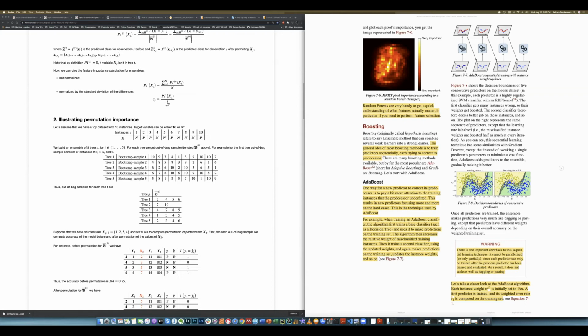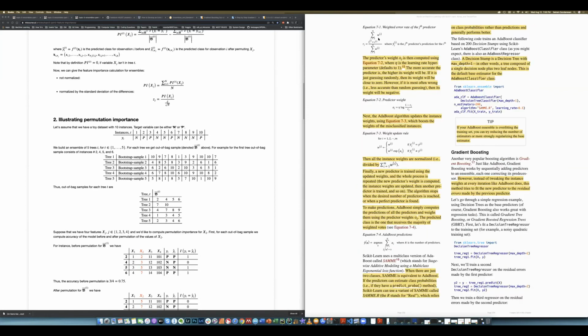And then once we train our model, we compute the weighted error rate for every predictor. The numerator of this term is the sum of all the weights of the training instances where the model got it wrong, where the prediction was not equal to the ground truth.